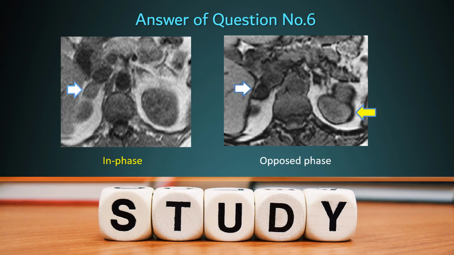Additionally, we can notice the yellow arrow refers to the India ink artifact encircling and outlining the abdominal organ on the opposed phase. The question is, why did this drop of signal occur on the opposed phase? We discuss this in the next slides.